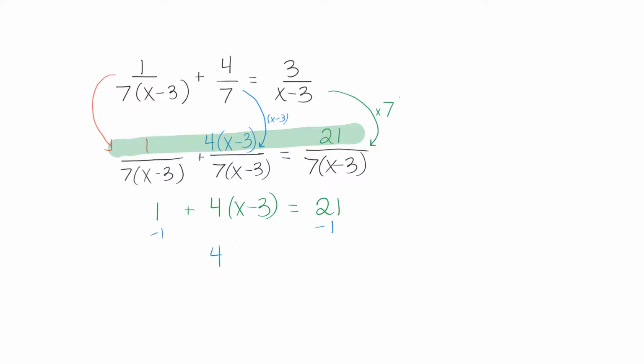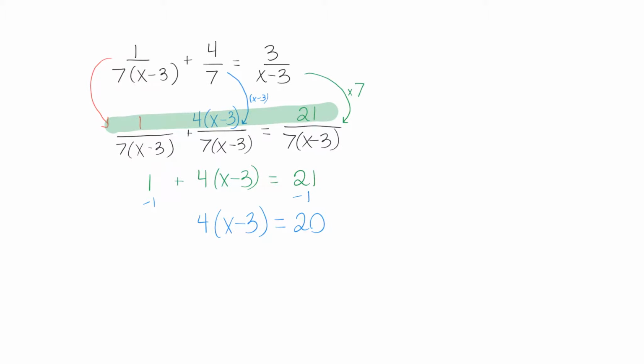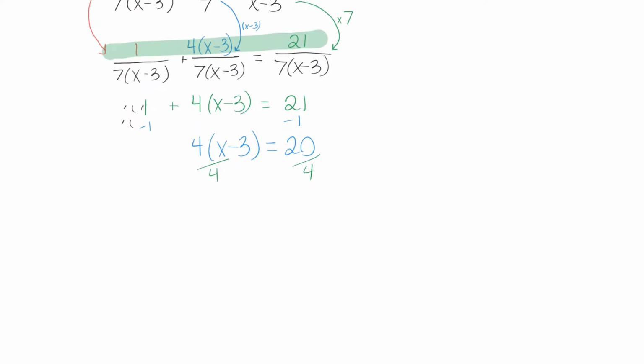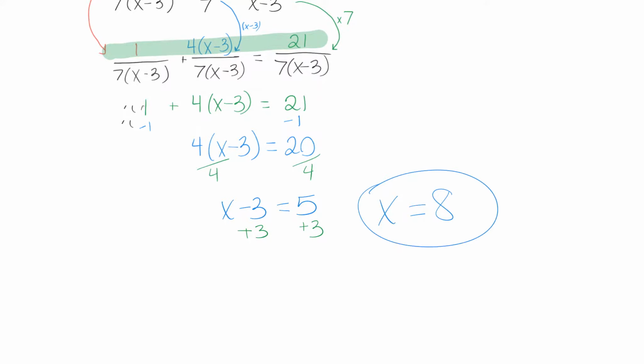That leaves me 4 times x minus 3 equals 20. If I divide by 4, I've got x minus 3 equals 5. Add my 3 on both sides, and I find that x equals 8.